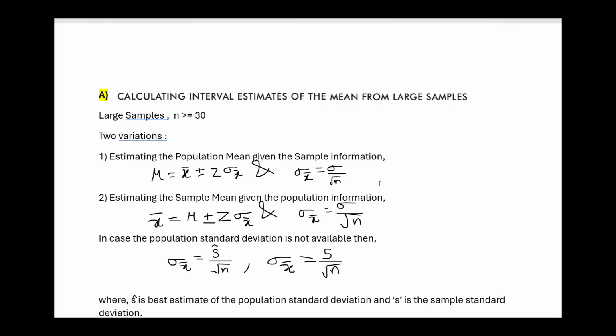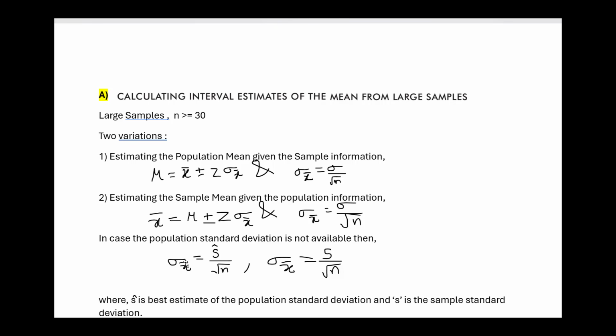And secondly, when you are trying to find an estimate of the sample mean given the population information, then mu will come here, x bar will go here. So x bar will be equal to mu plus or minus z times sigma x bar, and again sigma x bar is sigma upon root n.